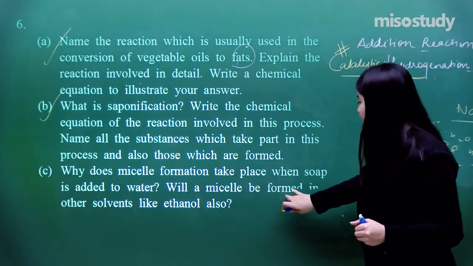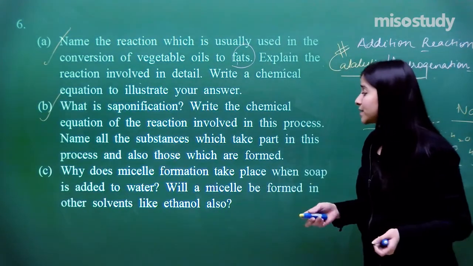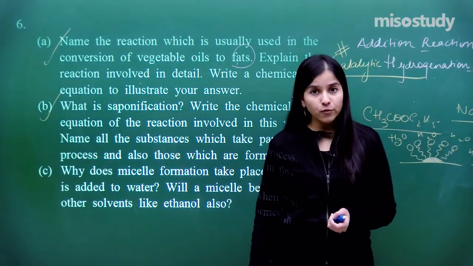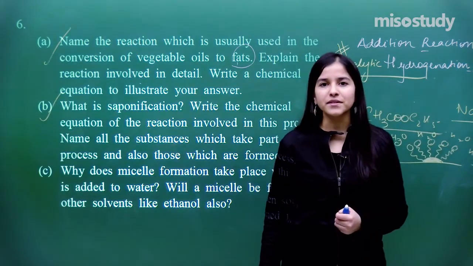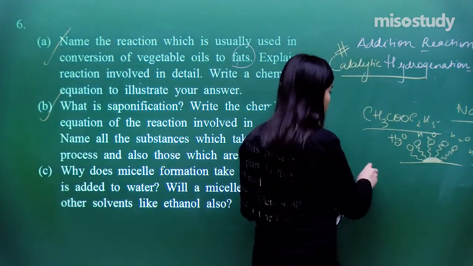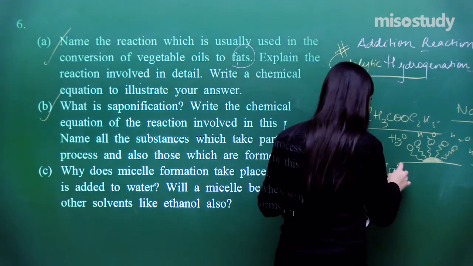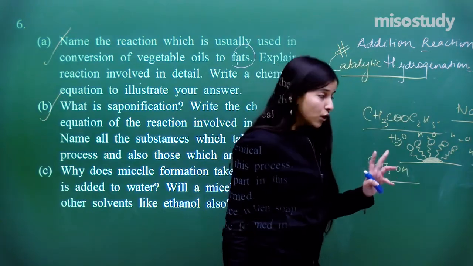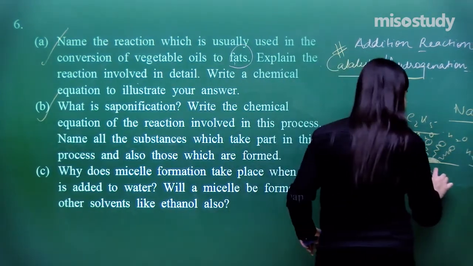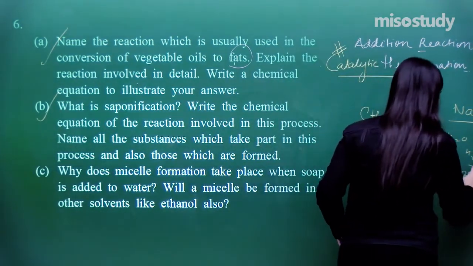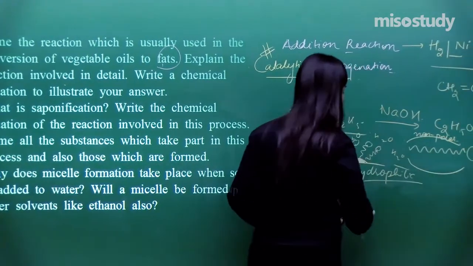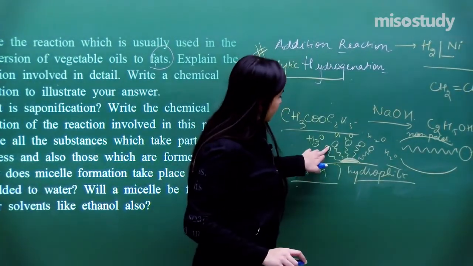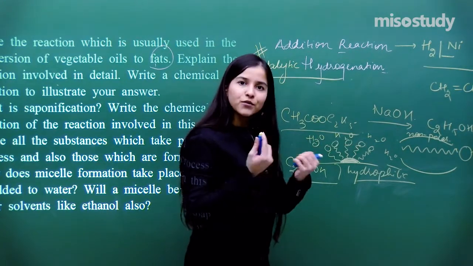Now will a micelle be formed in other solvents like ethanol also? Yes, it can be possible. Why? Because the solvent C2H5OH is also polar and also hydrophilic, that means water loving. These ends are also ionic, so they can interact very well.